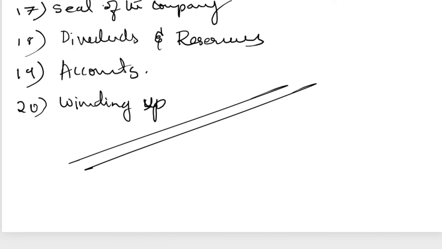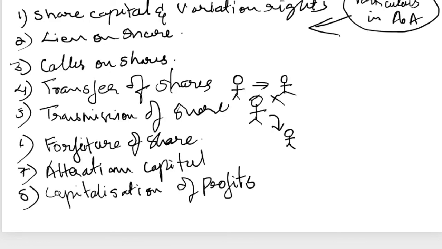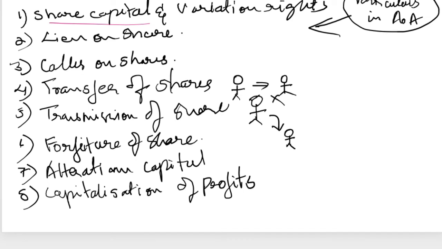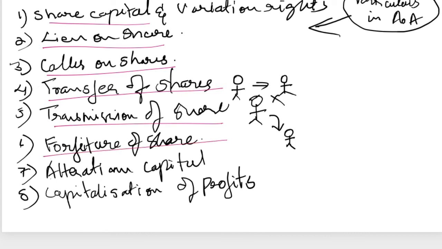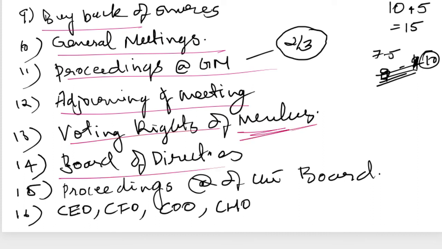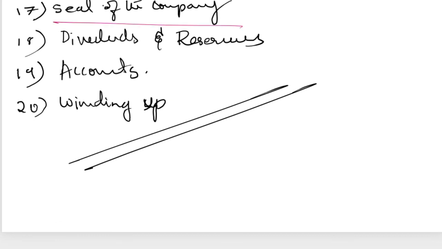So the article of association should have all the details of the share capital, the possession right, the calls on share procedures, transfer of shares, transmission of shares, forfeiture of shares, alteration of capital, and the capitalization of profits, buyback of shares, general meetings, proceedings at general meeting, adjourning of meeting procedure, voting rights of all members, then board of directors, proceedings at a board of directors, selection of a CEO, their names, their details, then seal of company, dividends and reserves.